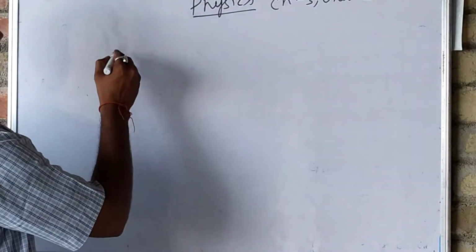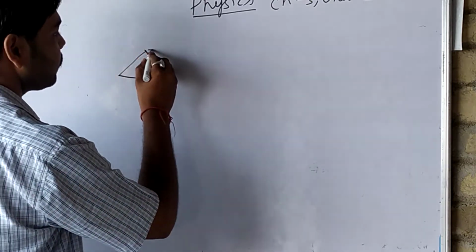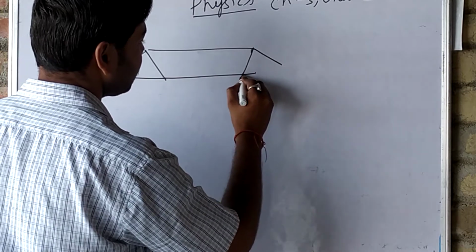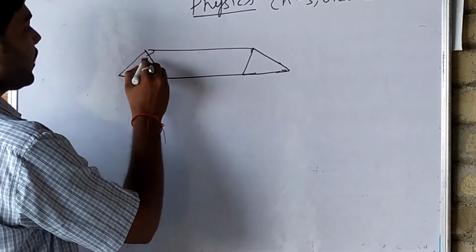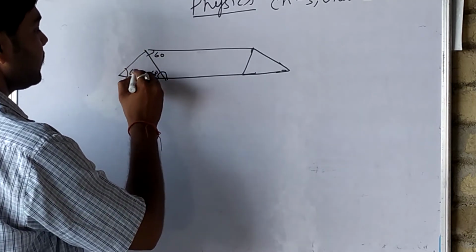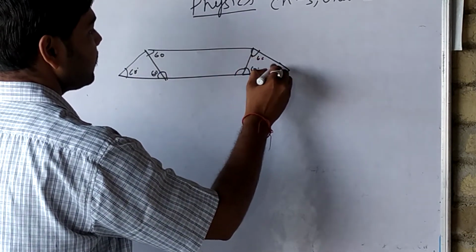Kaleidoscope is actually a triangular figure shape. This is a kaleidoscope. Okay. Something like this. What happens? All angles will be 60 degrees. Okay. 60 degrees, 60 degrees. So here also 60 degrees, 60 degrees, 60 degrees.